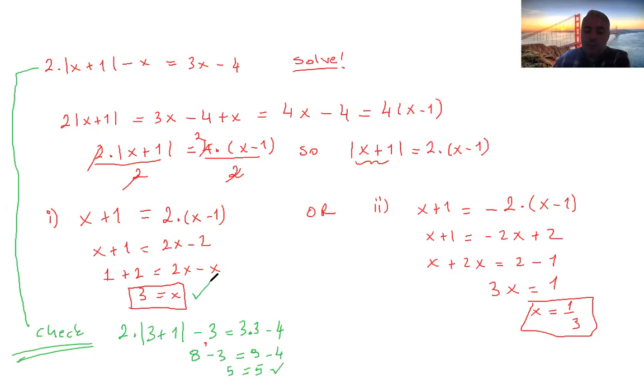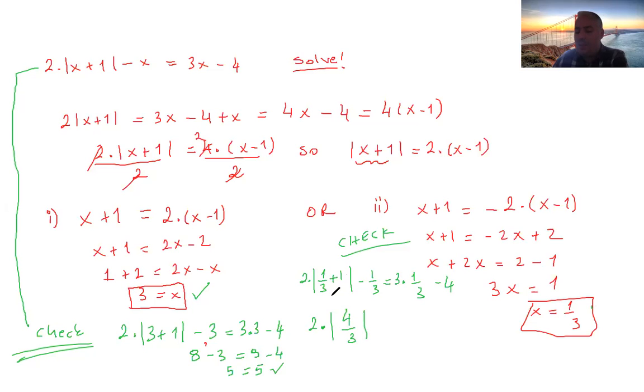So this is a solution. Now, if I check the second one, which is 1/3: 2 times absolute value of 1 over 3 plus 1, minus 1 over 3, equals 3 times 1 over 3 minus 4. Now, 1 times 3, 3, 3 plus 1, 4, so 4 over 3. 2 times absolute value 4 over 3. What did I do? I just equalized the denominator. Minus 1 over 3.